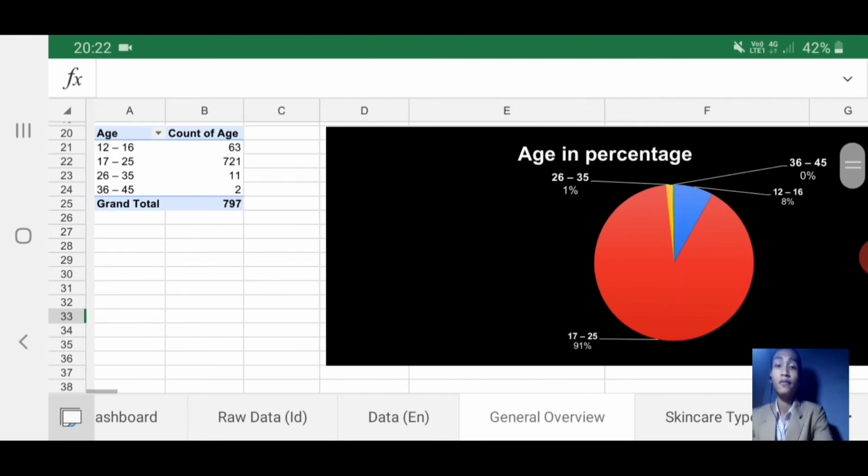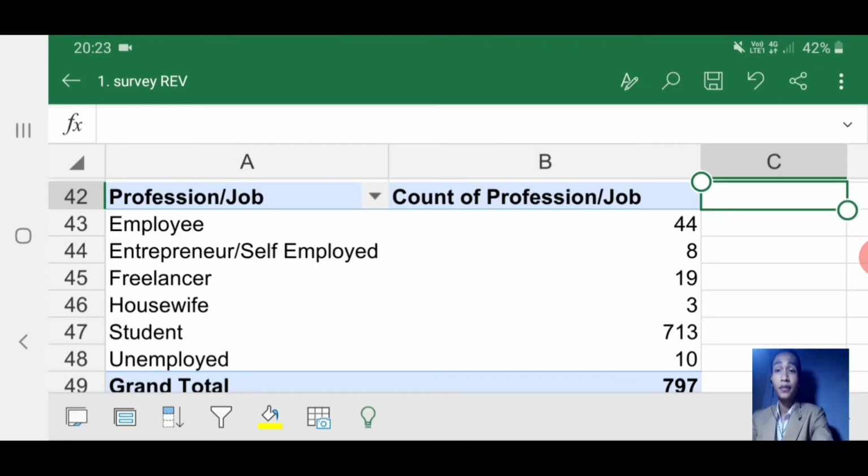Moving on, this is the profession count. The grand total is the same, 797. There are employee, entrepreneur, freelancer, housewife, student, and unemployed. There are 44 employees, 8 entrepreneurs or self-employed, 19 freelancers, 3 housewives, 713 students, and 10 unemployed.